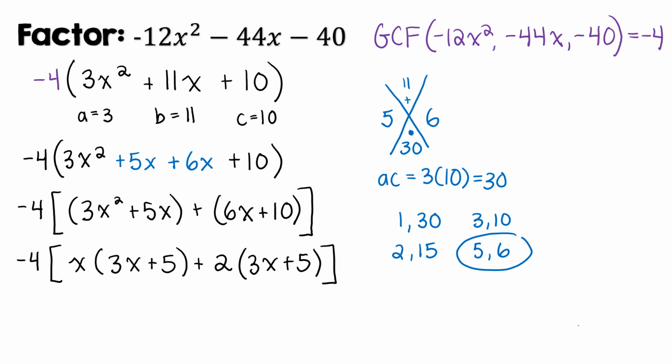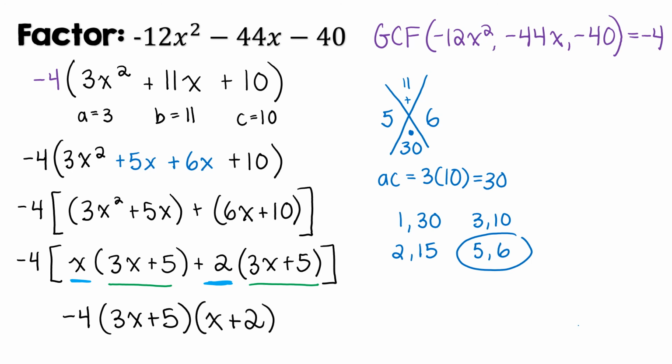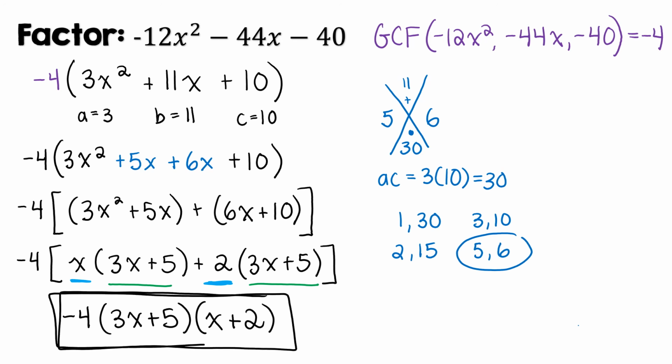The common factor between my two groups is this 3x plus 5, so I have negative 4 times the quantity 3x plus 5, and then I'm left with x plus 2 when I factor out that 3x plus 5. So the final factored form of my expression is negative 4 times 3x plus 5 times x plus 2.